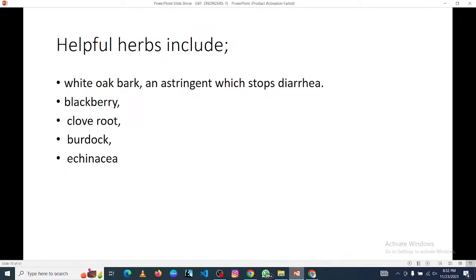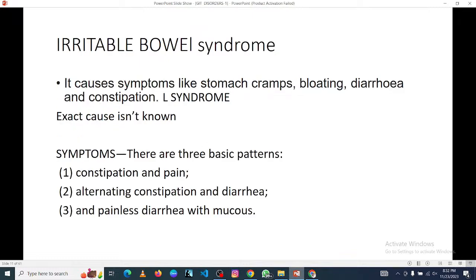So if you are to take it 3 or 4 times, you need to make twice that amount. But we'll study more on how to make and prepare herbs. At this particular point, just know the herbs that you can use for different disorders. Is there any concern up to that point?